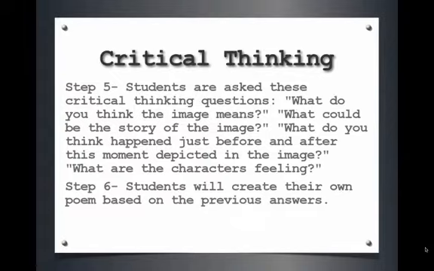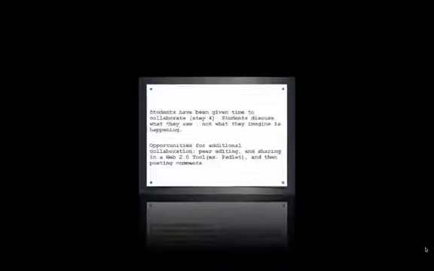So we're asking students to look at an image, the image that you saw on the previous slide, and answer questions like, what do you think this image means? What could be the story behind this image? What happened right before it and right after it? What do the characters feel in this image? So since there are no right answers here, students have to create things. They have to think critically, look at what they have to create their own answers.